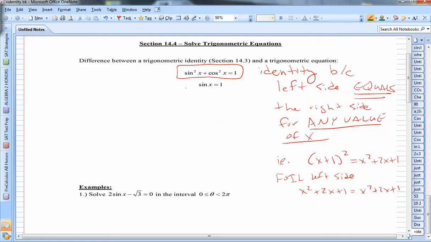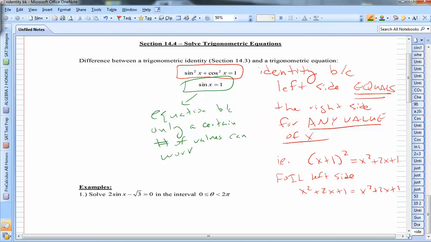This, however, will be an equation because only a certain number of values can work for x.